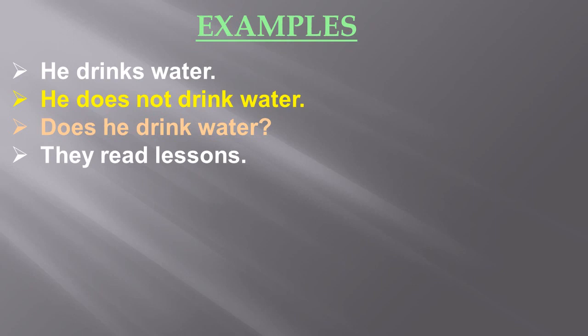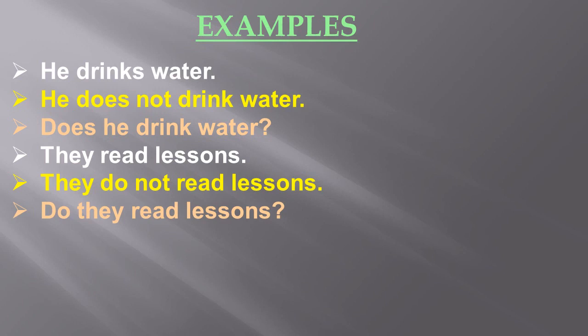Next example, they read lessons. Now, they is third person plural. Now change this into negative. They do not read lessons. Do, third person plural. Now change the same to interrogative. Again the auxiliary will come forward. Do they read lessons? Next example, birds chirp.